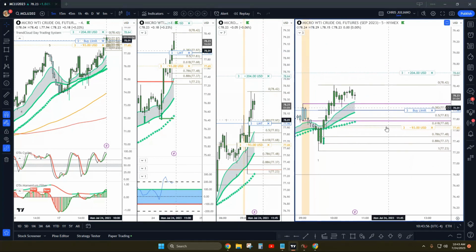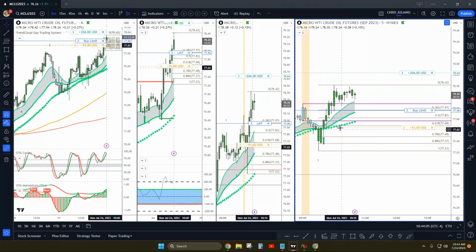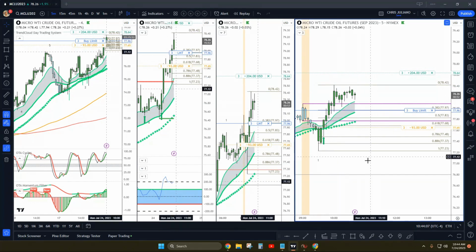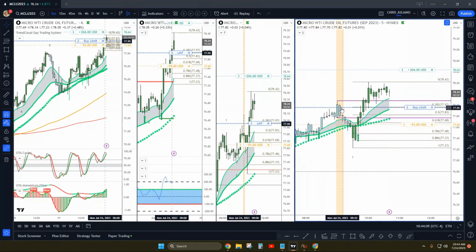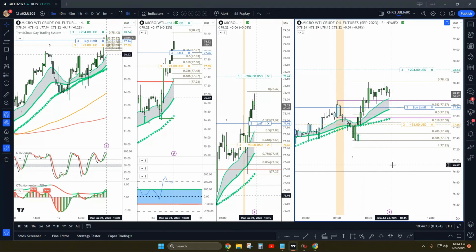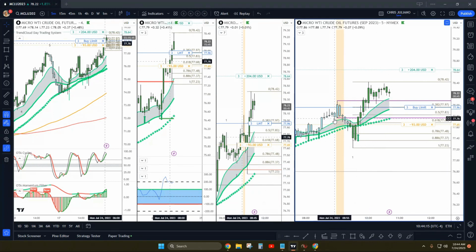Okay, so we're just going to wait and we're going to see how this works out. Pulling back into the trend cloud. Rally base rally here. This rally base rally broke structure here. It broke structure on a formation that also broke structure.